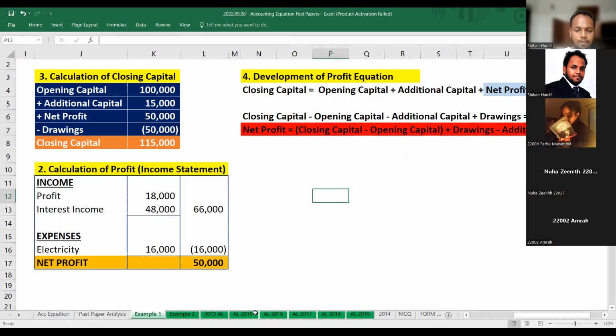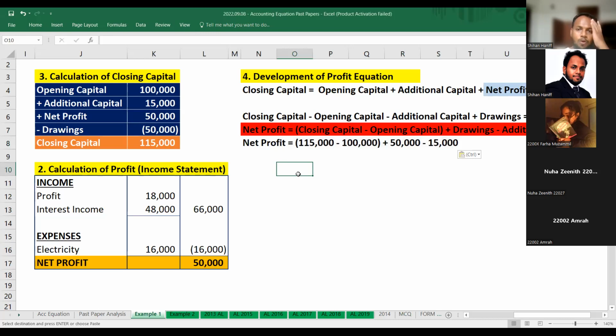Now let's calculate the net profit. Closing capital is 115. Opening capital is 100,000. Drawings 50,000. Additional capital 15,000. So it is very simple to use the net profit equation.